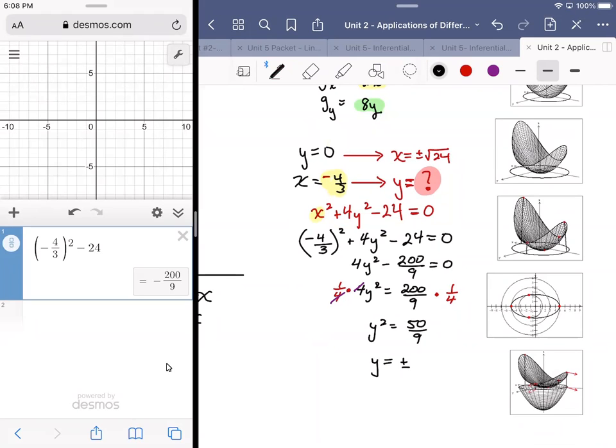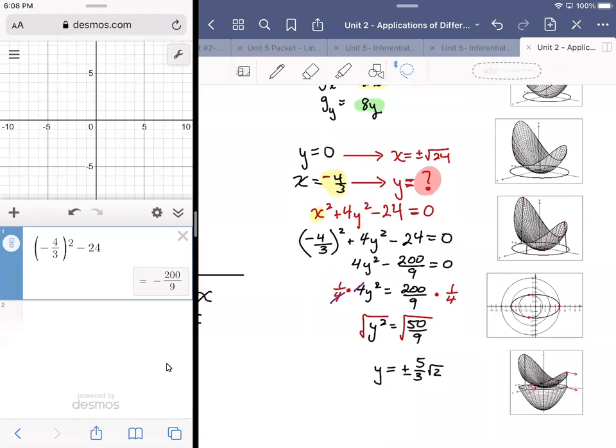The square root of 50 is really 5 radical 2, because I'm just taking the square root of both sides. I think I might have said 5 radical 3 previously. So it's 5/3 radical 2. You could represent it any way you want, but that's as reasonable a way of writing it as any.